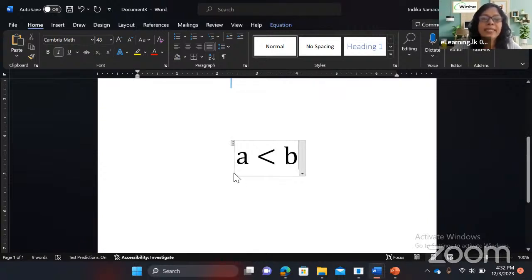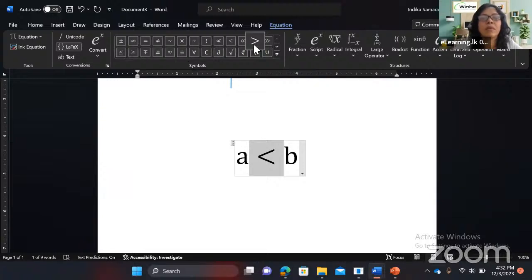This means A is less than B. The first value we write before the sign, we read first: A is less than B. If it is the other way around, that means A is greater than B. If it is only this sign, all the values of A should be less than the value of B. It will not be equal to B.